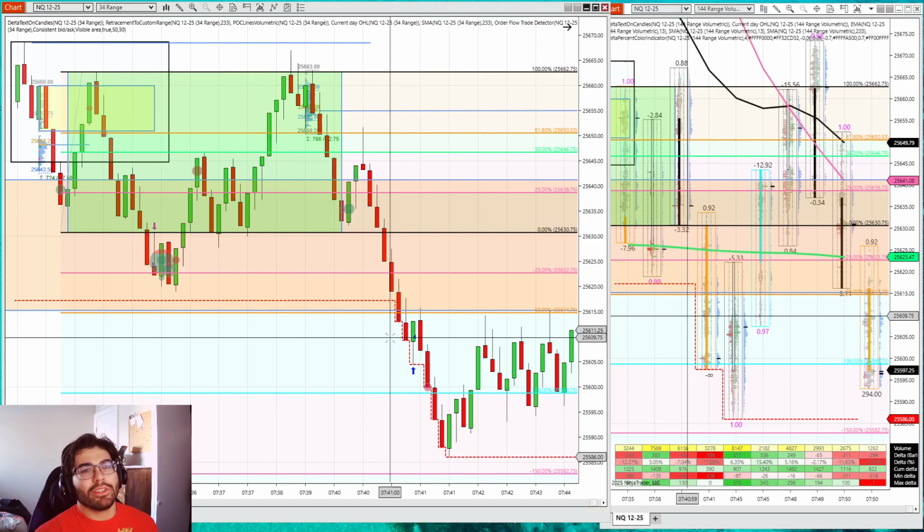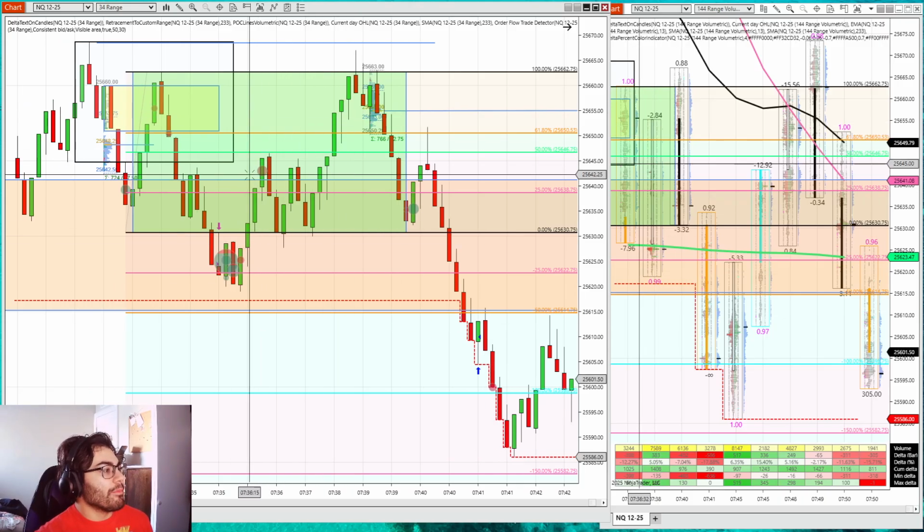Also, this is good, so it doesn't help me overtrade, and it really helps me stick to my model. But yeah, you can see that our model worked out well.